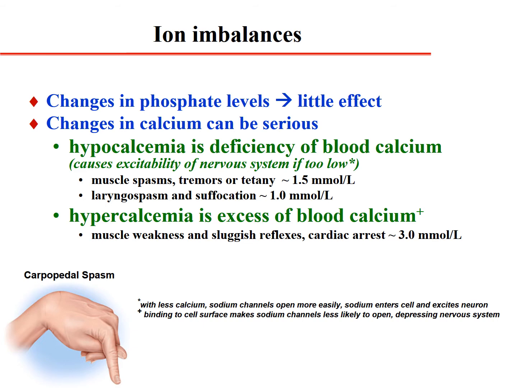For example, hypocalcemia, when we have a lower calcium level in the blood, in the extracellular milieu, causes increased excitability of the nervous system, and muscle spasm, tremors, or tetany can develop, usually when the concentration drops around 1.5 millimole per liter. Laryngospasm and suffocation can develop if the concentration drops to around 1 or below 1 millimole per liter.